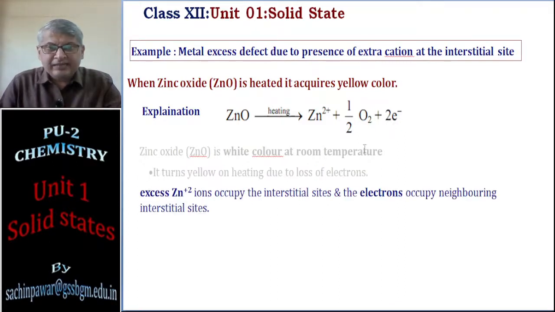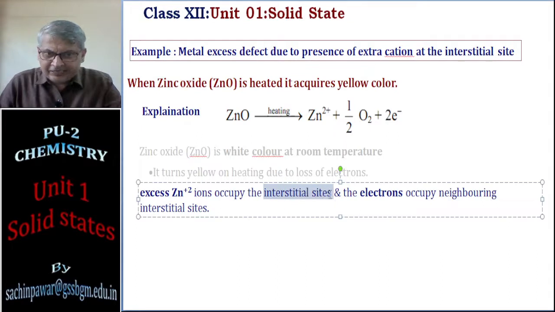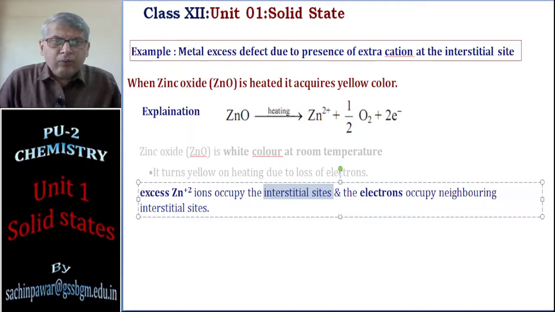The excess zinc plus 2 ions and the 2 electrons which are ejected both go to the interstitial site.